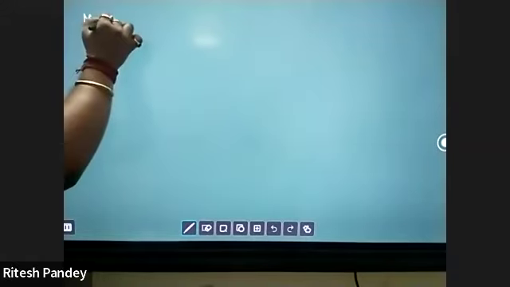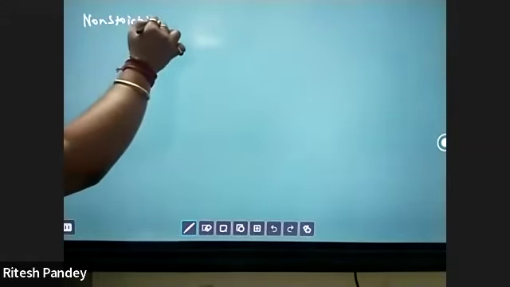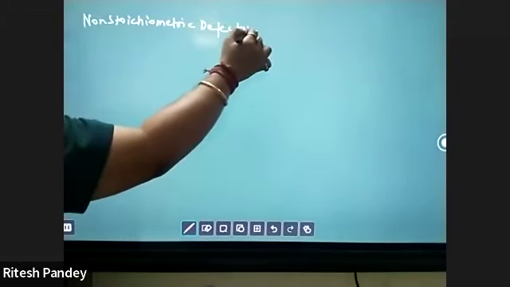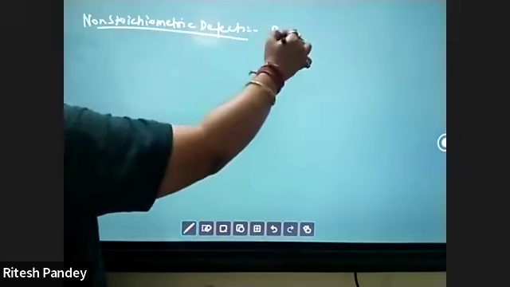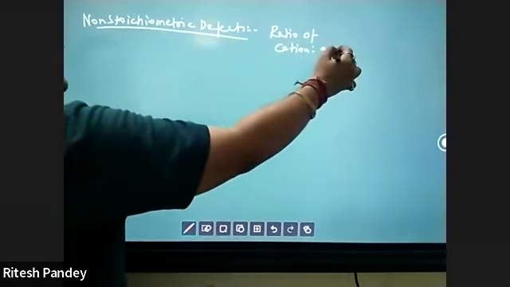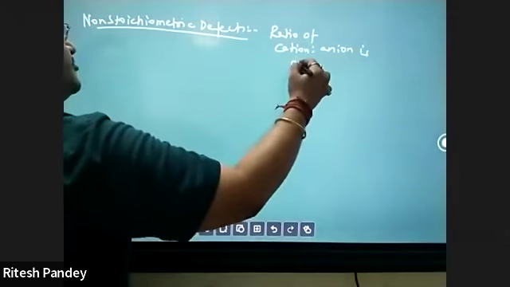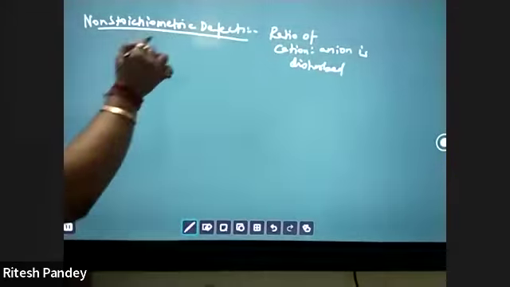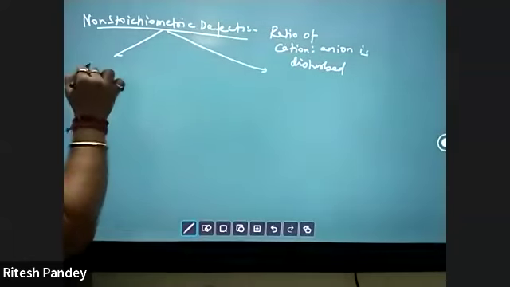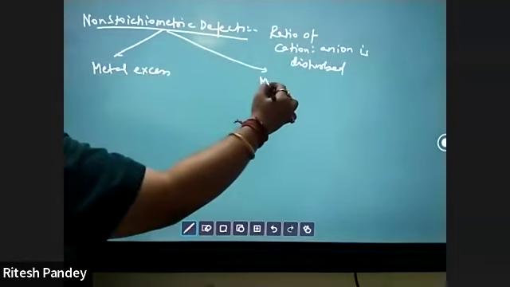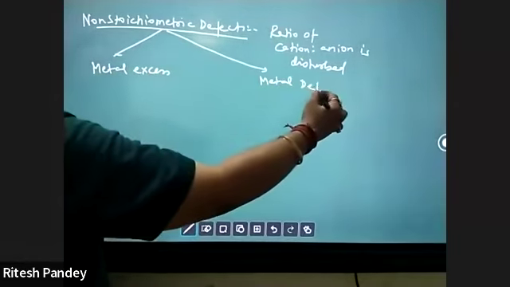Now when it's non-stoichiometric defects, naturally the ratio of cation versus anion is disturbed, is not going to be the same. And there's basically going to be either a case where you have a metal excess or a metal deficiency.